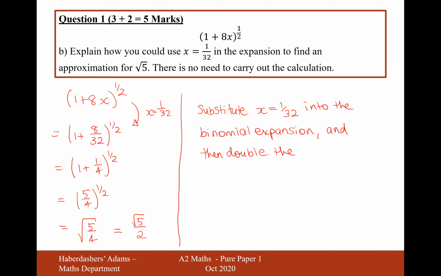Once you've worked out what the binomial expansion is, you multiply the 2 onto the other side and then double the answer.